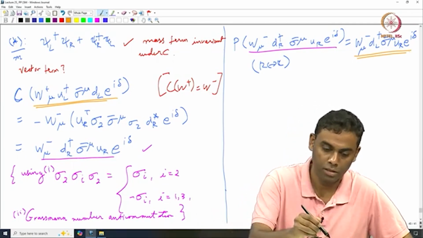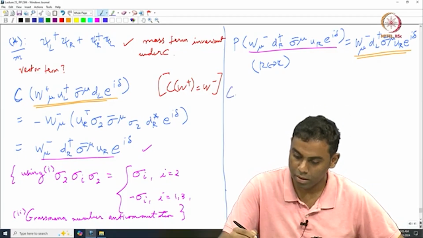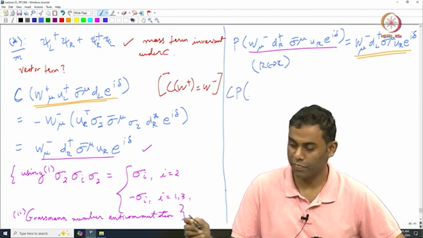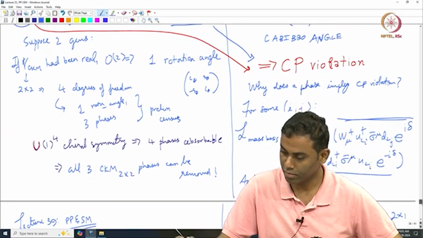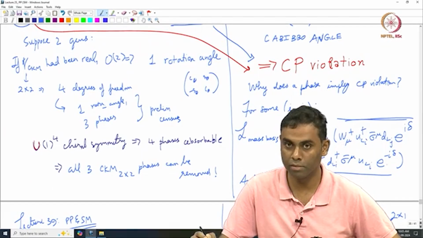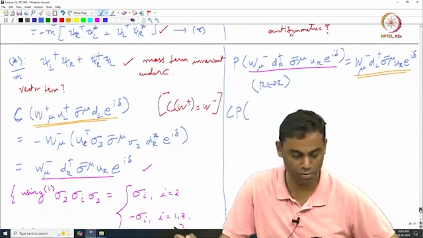good. So keep that in mind, and I am going to write down the CP transformation of the entire term that we had here, this entire term, right? Because my claim was under CP this is actually not invariant, correct? So let us see if that is true now.